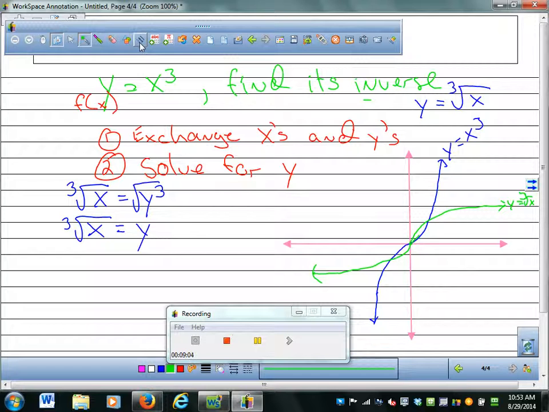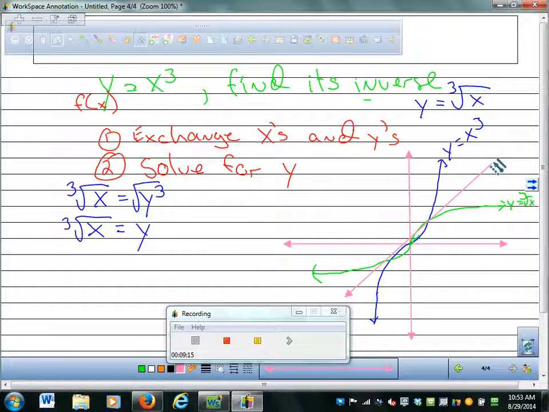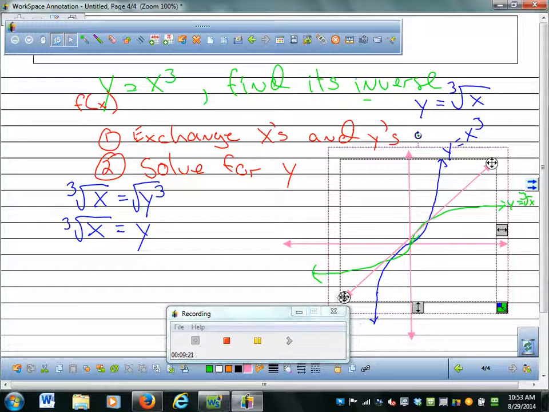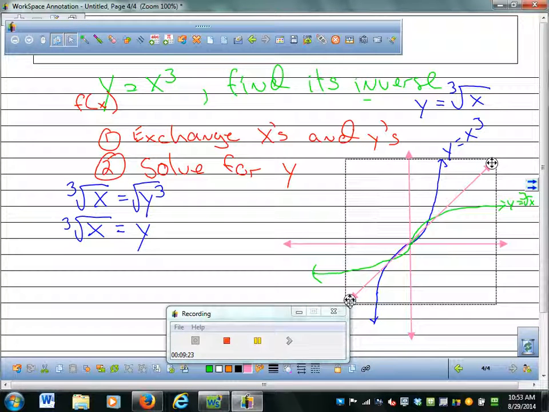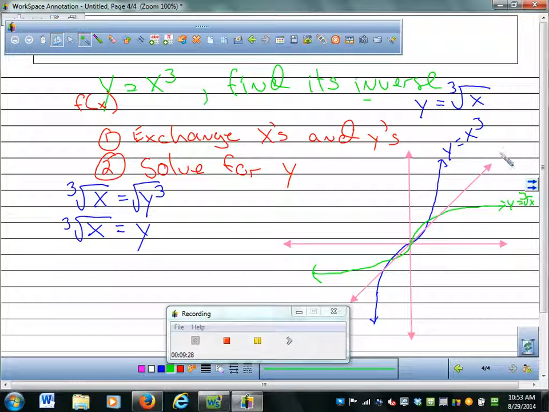So if I graph the line y equals x, a function and its inverse are reflections about the line y equals x, because you're interchanging the y's and the x's, right?